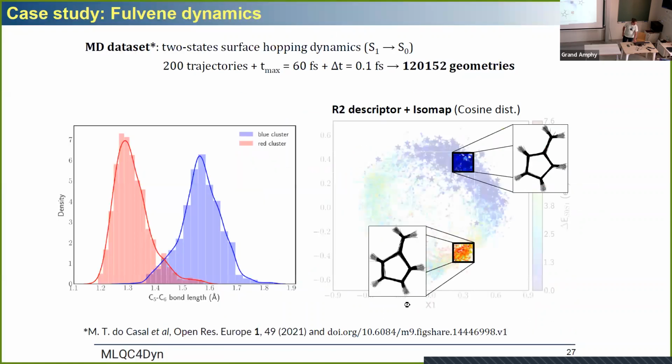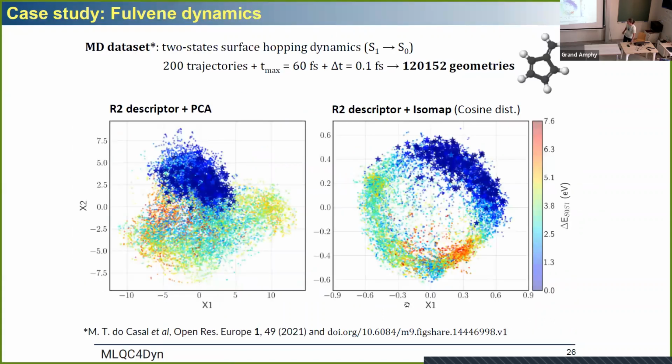Okay, so let me just go back to this diagram. I tried K equals 3 first, just for demonstration, but I would not recommend you to simply say K equals 3 and be satisfied with that, because in general you have some metrics in clustering approaches, which I didn't discuss here, where you can evaluate what is the ideal number of clusters for your data.